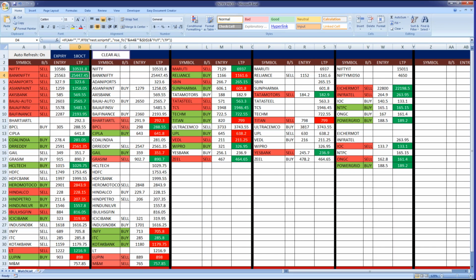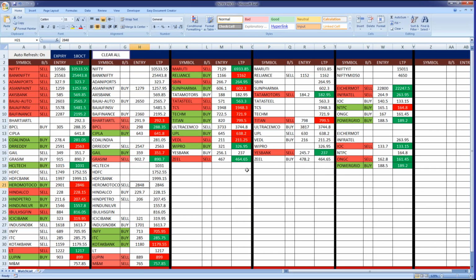Hero Moto, I think I have a sell call. I already have typed that, the sell at 2848. So these are some of the trades that we have.